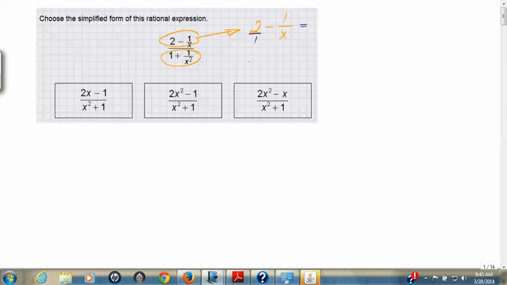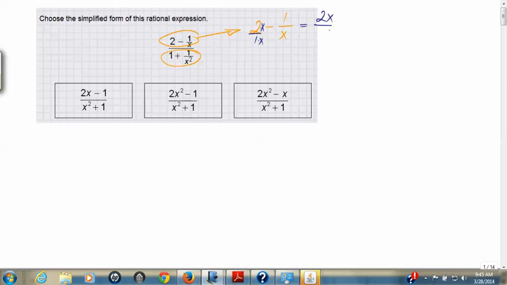Any integer, any whole number, natural number can be written over 1. Looking at 1 and x as your denominators, their least common multiple will be x, which means you multiply the first fraction, 2 over 1, by x, and the second one is not changed.